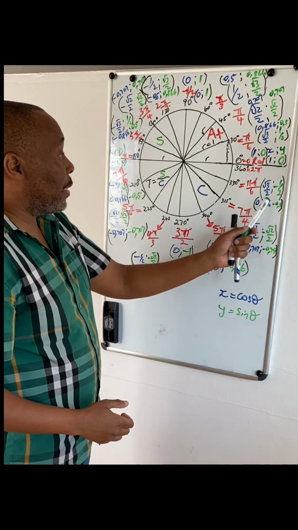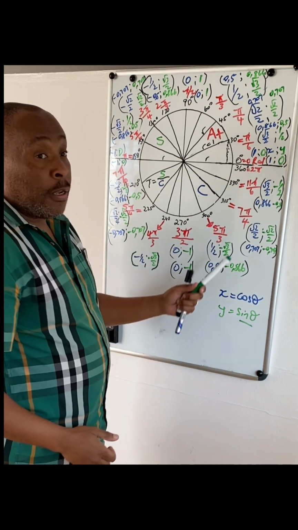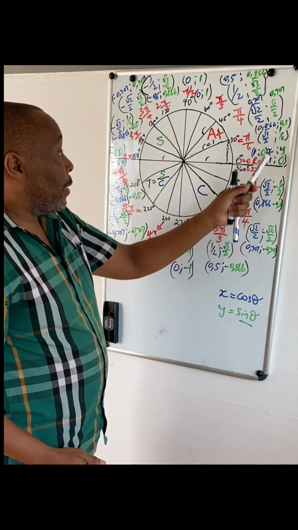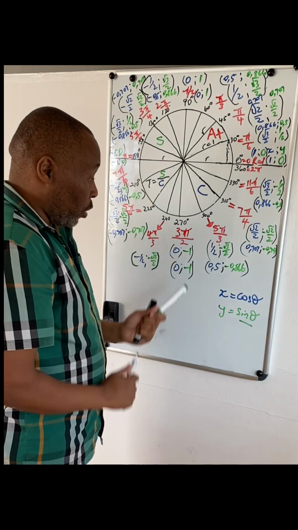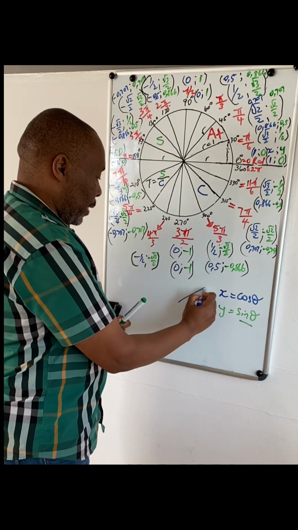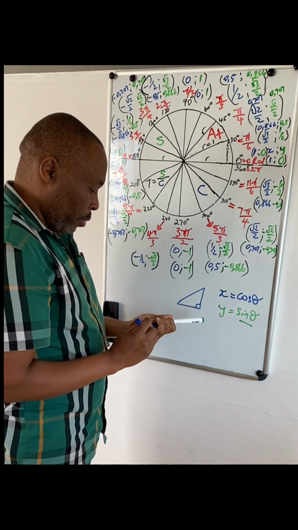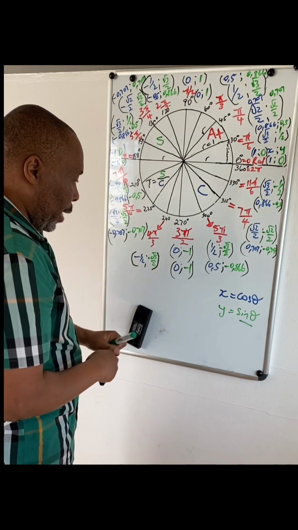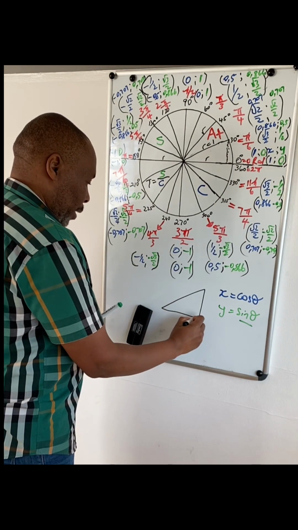So all these green ones represent the sine theta, and all these blue ones represent cos theta. Maybe I should have used black so that my explanation is clear.